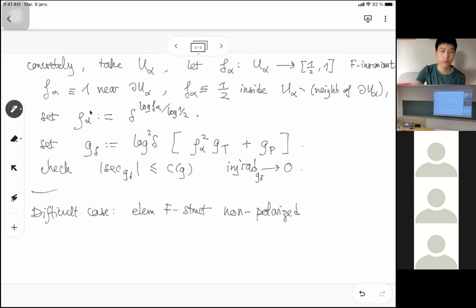And that's going to be it. So first thing to remark is that indeed you have a lot of non-polarized F structures that exist.